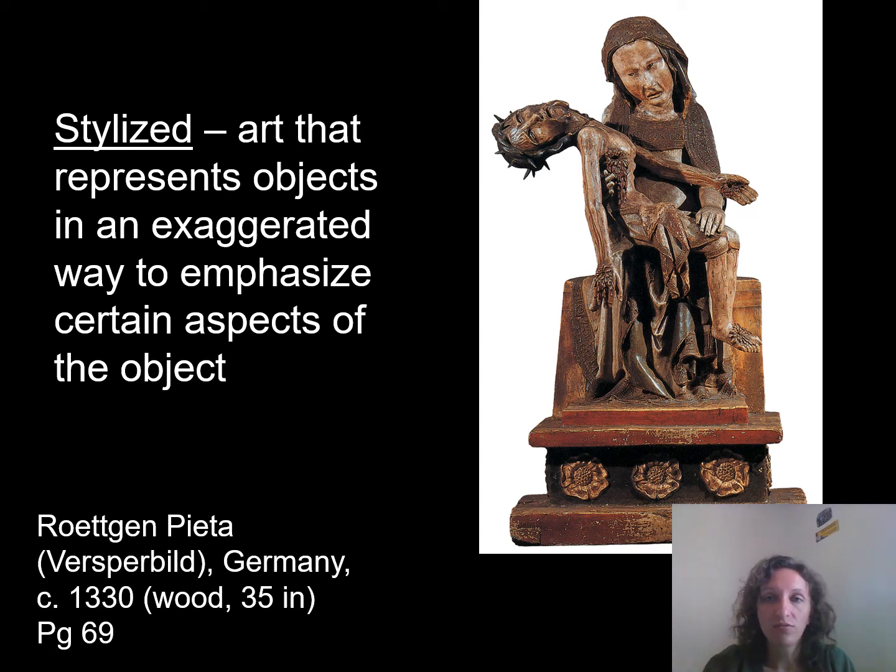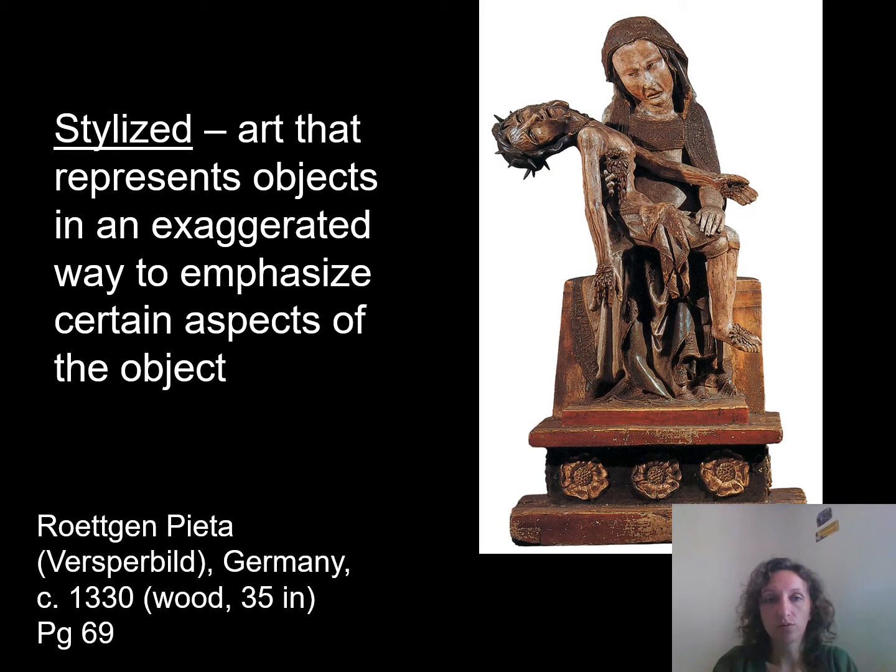So here we have the Pieta, which is Mary and Jesus after he's brought down from the cross. But we can see that their heads and their arms are very exaggerated. The bodies are completely distorted. They're not realistically depicted. They've been exaggerated for that emotional response.